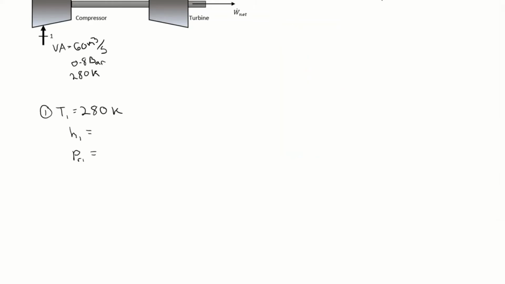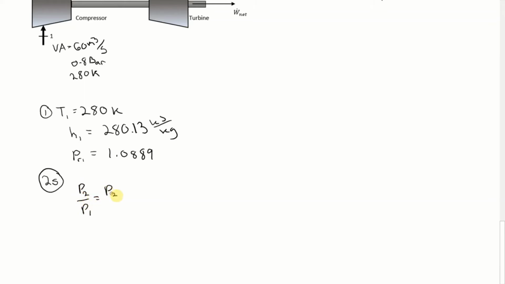So our H1 was 280.13 kilojoules per kilogram, and our PR1 is 1.0889. Okay, so to find state 2, we're actually first going to find our state 2s. So this is our ideal state 2s, and that's because we have this handy equation that we can use to find it.